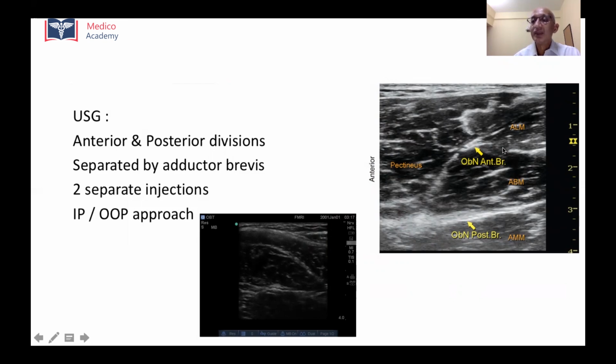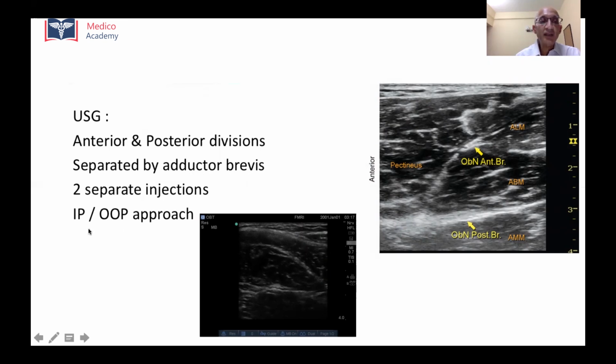Between them, there's the fascial plane between the two adductors here and the two adductors there, where we find the anterior branch and the posterior branch, which may or may not be visible like this. So we just target this plane and deposit the local anesthetic there.